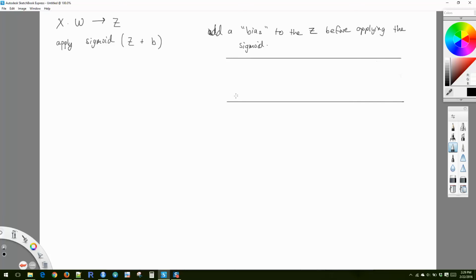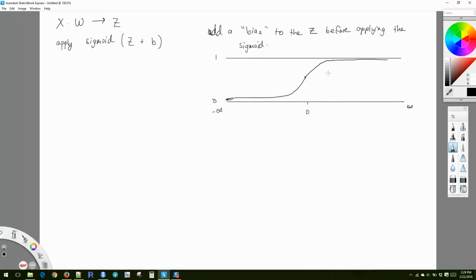Keep in mind that our sigmoid function goes from negative infinity to positive infinity on the input, and it ranges from 0 to 1. At 0, it's at 0.5.